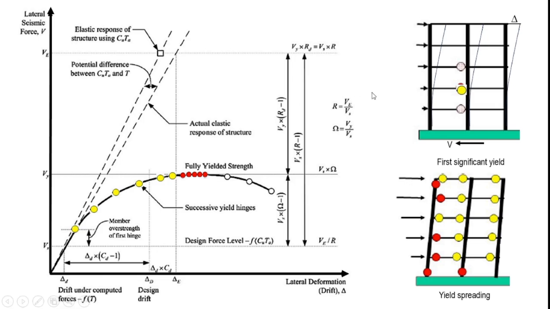Now, to get better clarity on R, let us rewrite the equation for R. First of all, R is defined as VE by Vs. Remember, VE is the maximum force generated in the structure if it is elastic, and Vs is the code specified design lateral force.